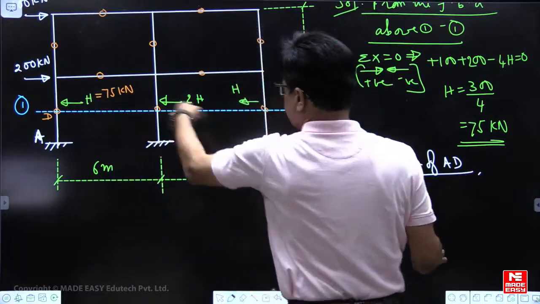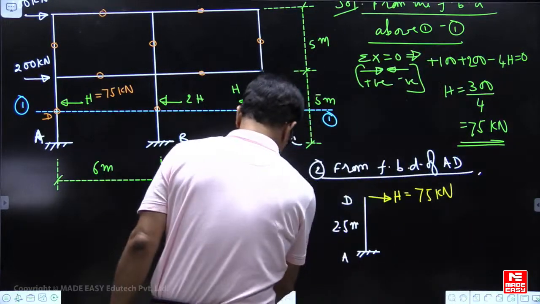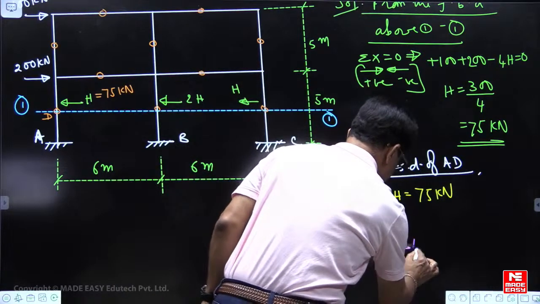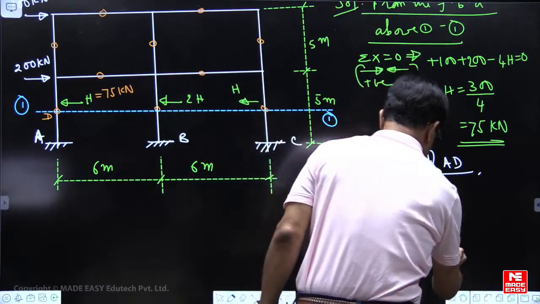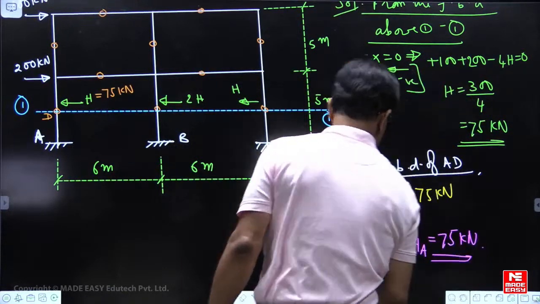Left side if it is acting, here it should be right side. 75 kilonewton. Others we are not showing. To balance this one, like this.